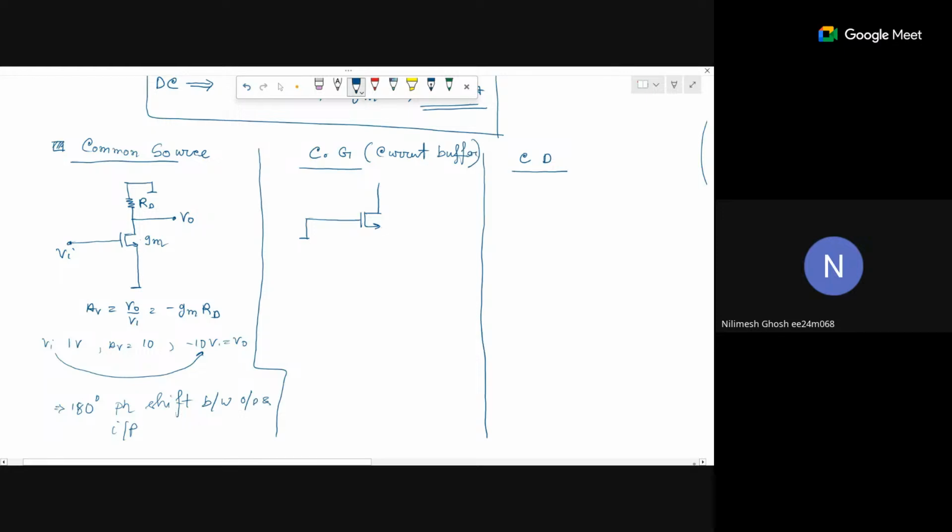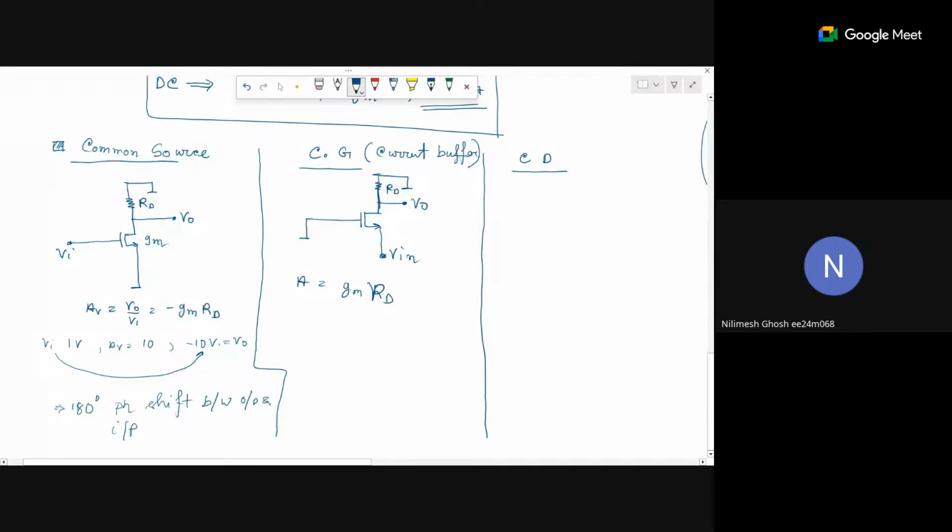This is RD, this is V naught, and this is V in. We give the input at the source and take the output from the drain. Here the voltage gain Av will be gm RD. You can analyze it the same way that I analyzed the common source amplifier.